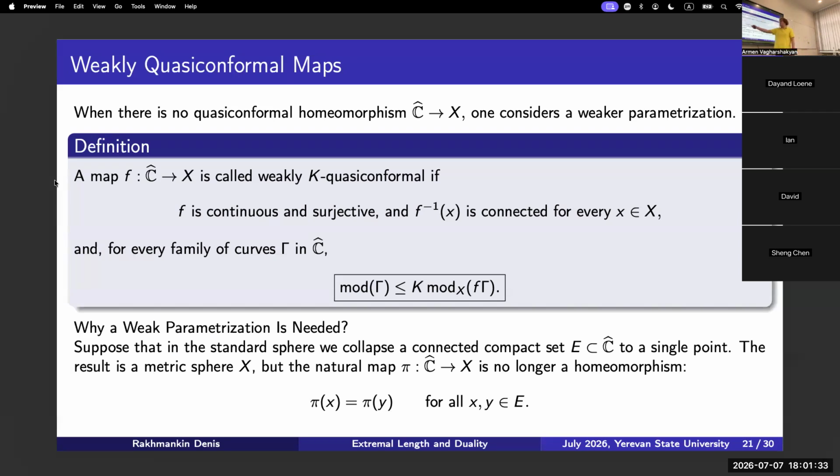And we want it to follow that inequality, that f cannot make our curves too simple to block.